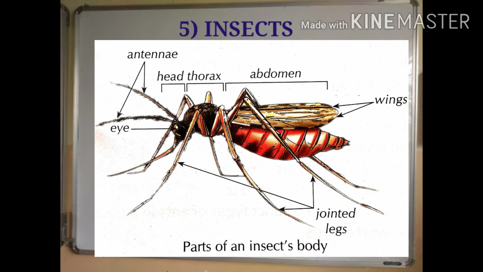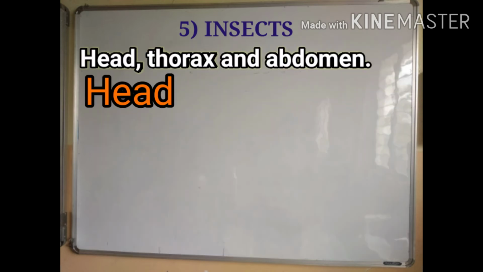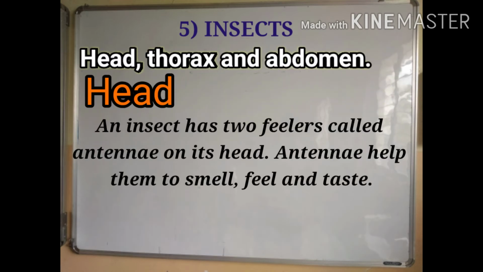An insect's body can be divided into 3 distinct parts: head, thorax and abdomen. Now we will take the detailed information. Head. An insect has 2 feelers called antennae on its head.